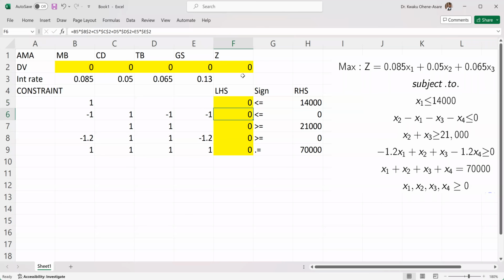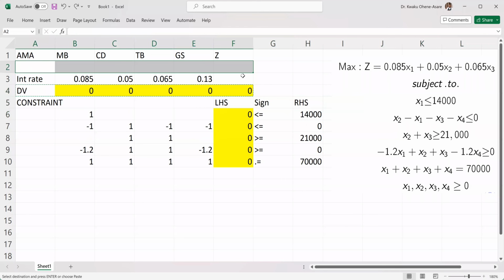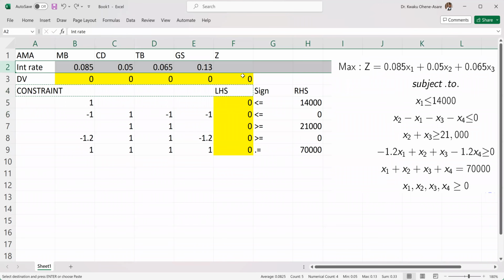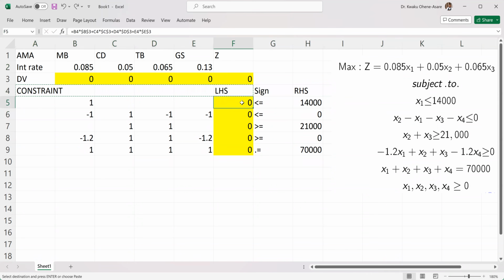Let me undo it. 1, 2, 3, 4, 5. Okay. It was picking cell 3. So you see it's B4. Picking 3 is supposed to be B2. Supposed to be B2. I mean, your ability to recognize this is key.